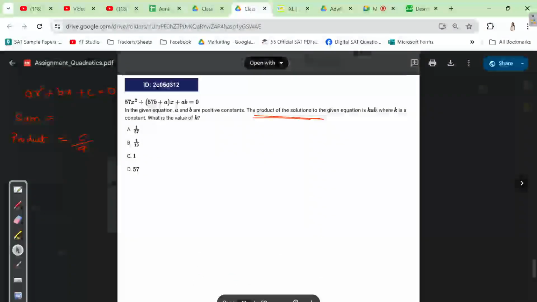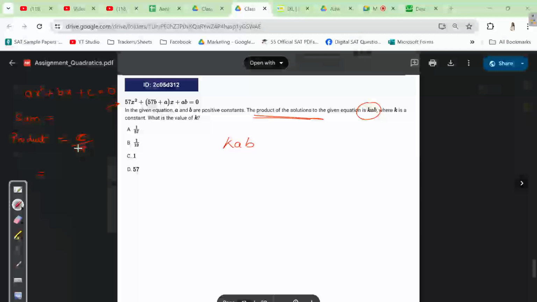Okay, Anishka, so what is it saying? It says that the product of the solutions is given by k times a times b, kab. What is the value of k? So apply this formula, Anishka, to this equation and tell me the values of c and a.